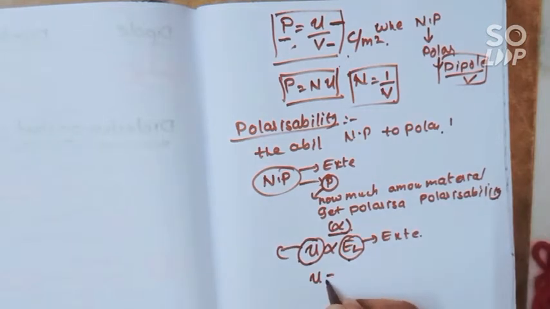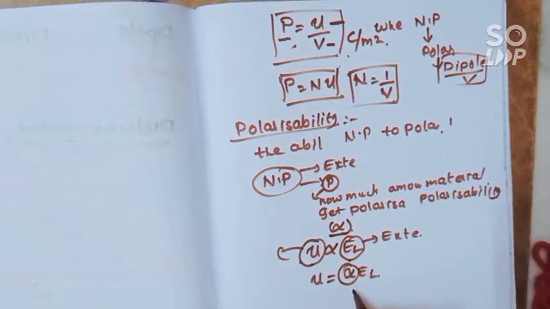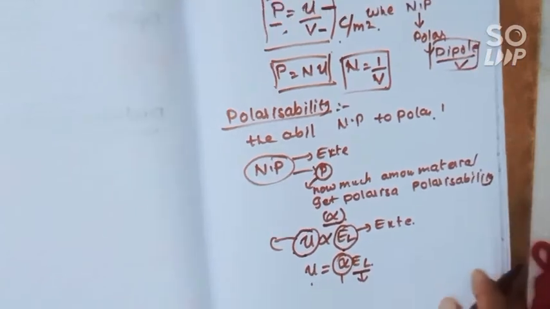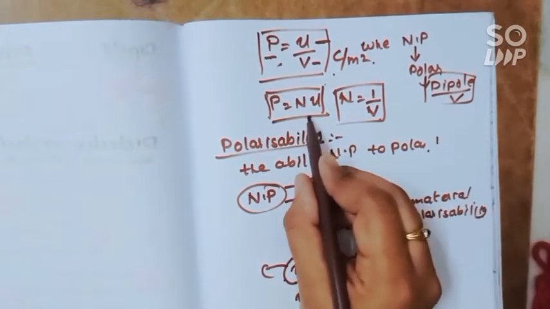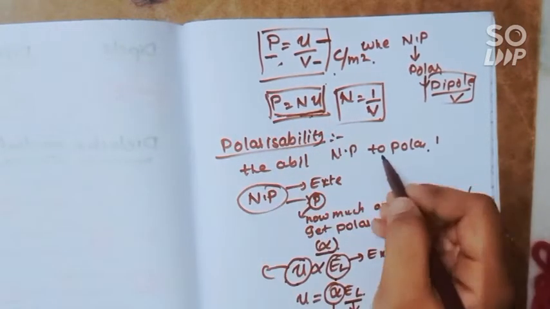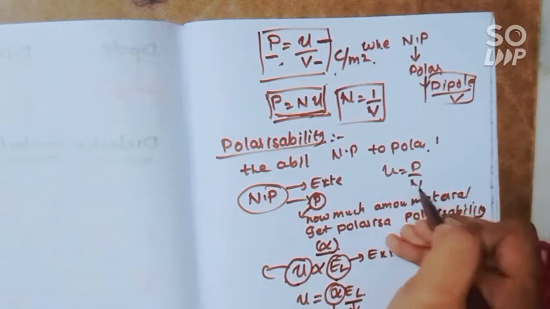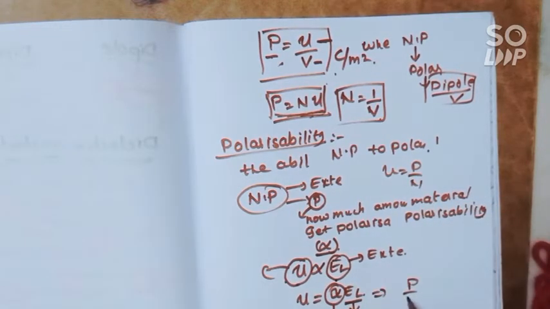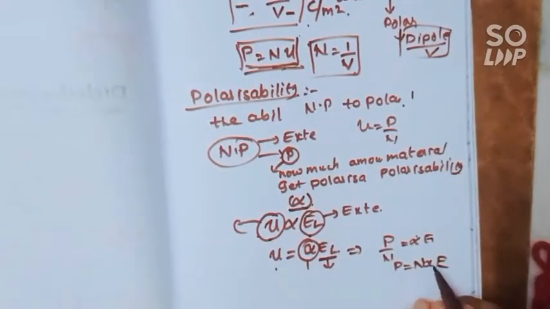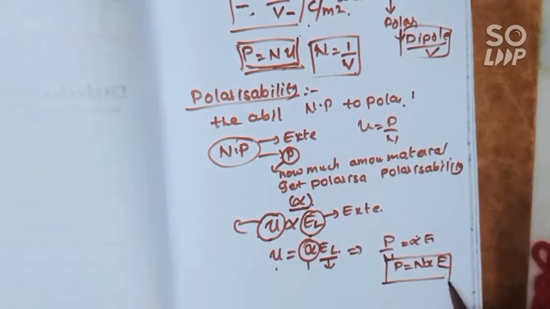This relation can also be written as nu equals alpha E, where alpha is the polarizability and E is the electric field. From the above we can write P equals N nu, and nu is also P by N. So P by N equals alpha E, that is, P equals N alpha E. It can also be written in this way.